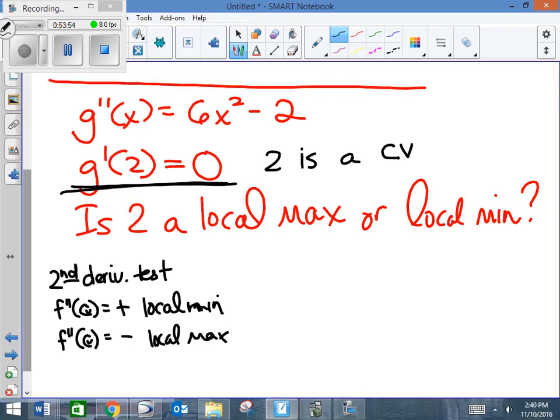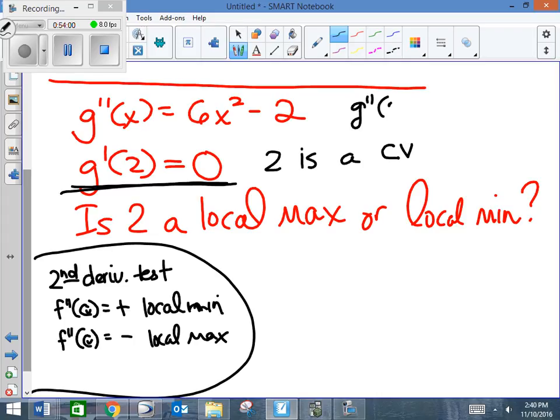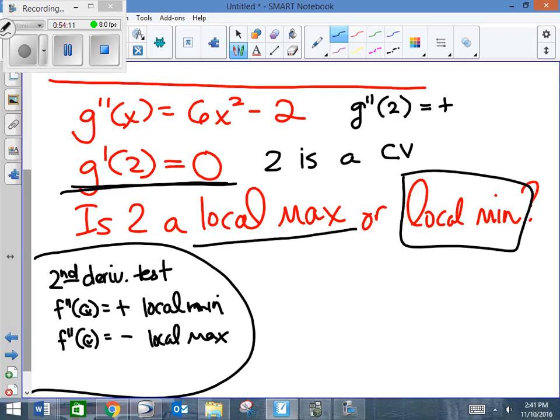So that's your forced second derivative test. If you plug in the critical value into G double prime, you get a positive number, so 2 is a local min. You're right.